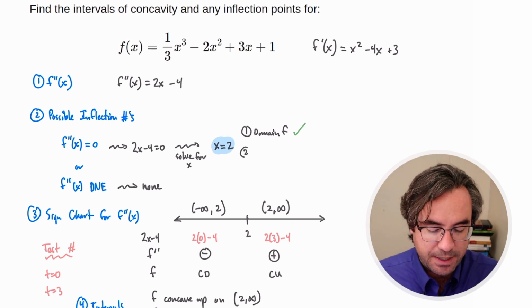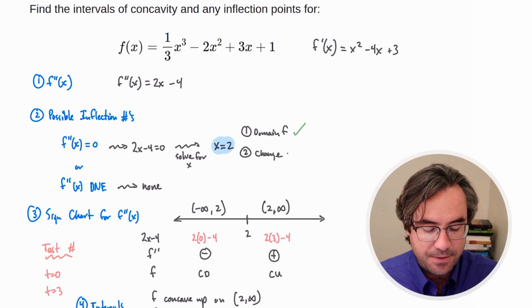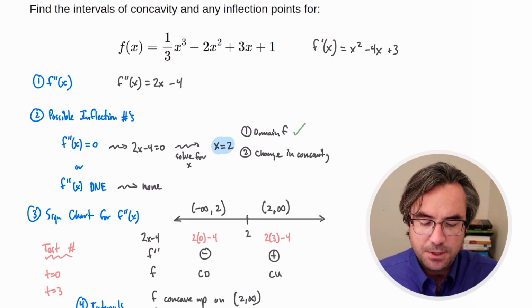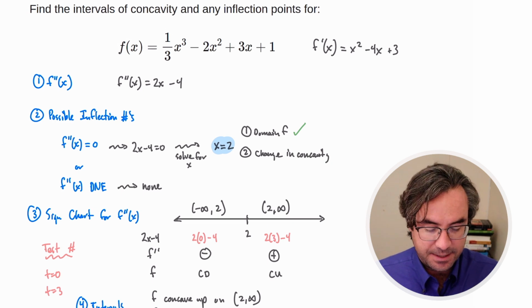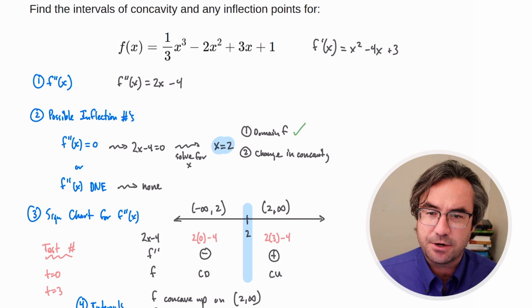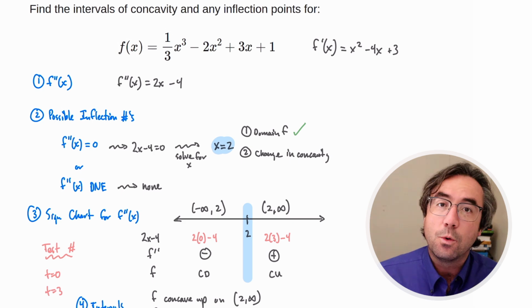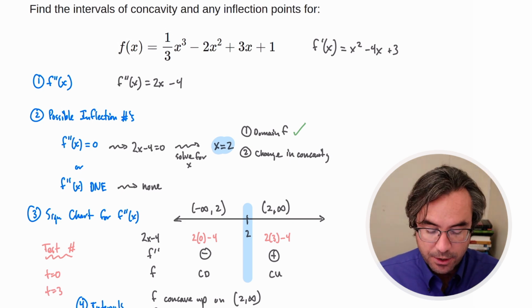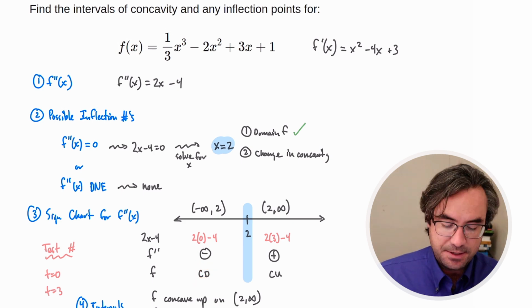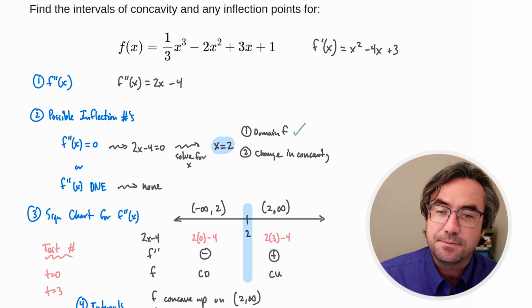Well, what's the other thing that we need? Do we have a change in concavity? And this, we have to go to our sign chart. So let's look at x equals 2 along our sign chart here. And if we look, we do see a sign change. f double prime goes from negative to positive. Or another way to think of that, we go from concave down on one side to concave up on the other side.